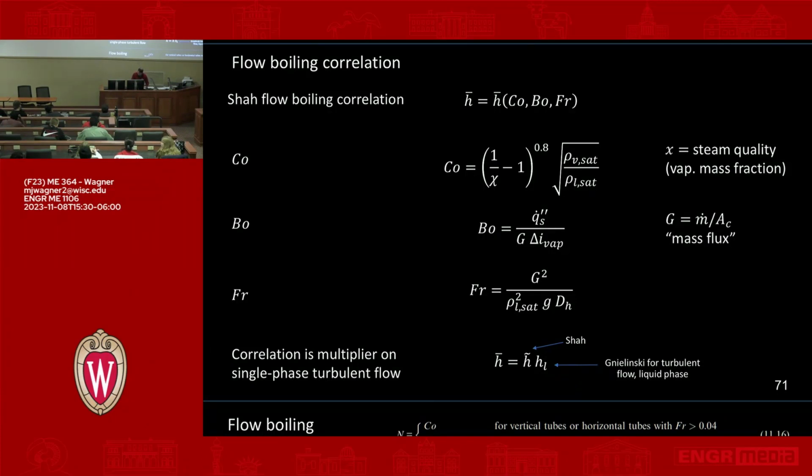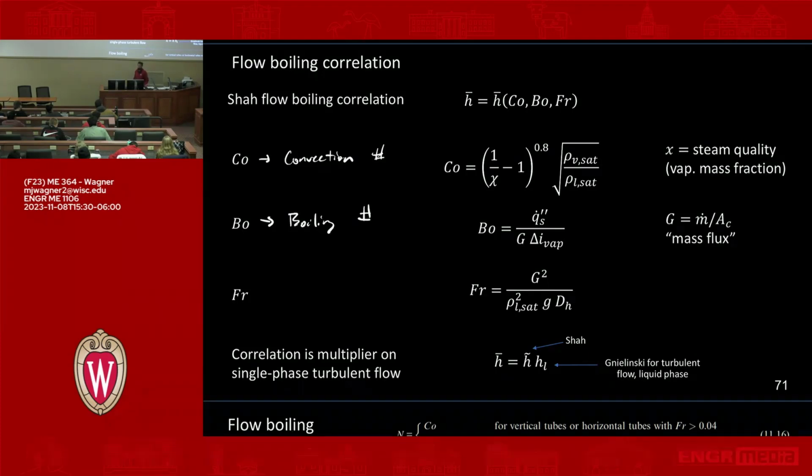So Co is the convection number. You would compute it as shown. It's a function of the steam quality and of the relative densities of the two phases. So you're directly computing it. Then there's this number here, which is called the boiling number.